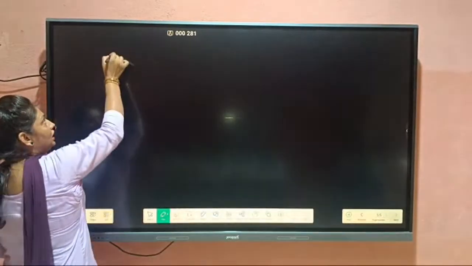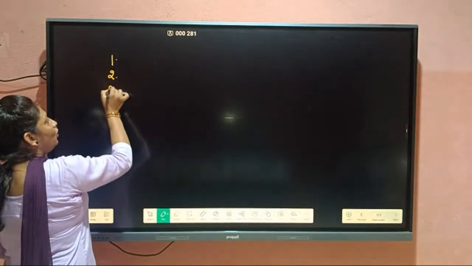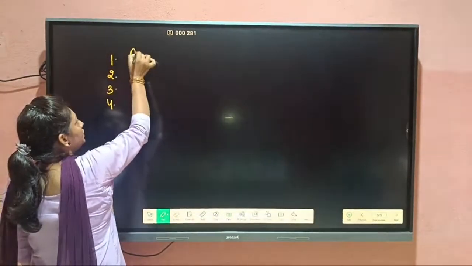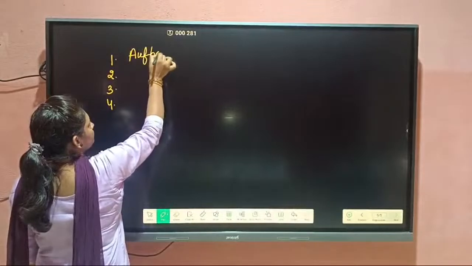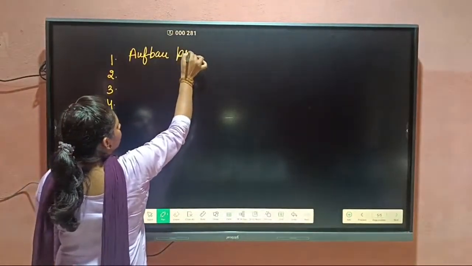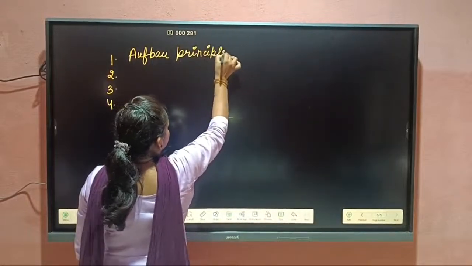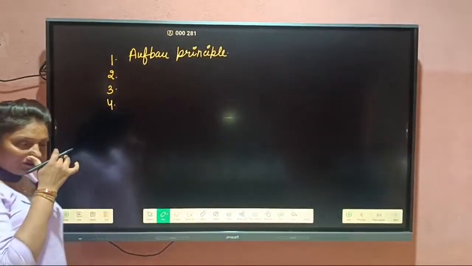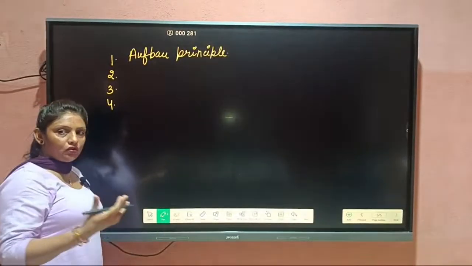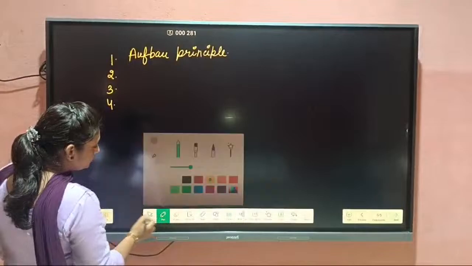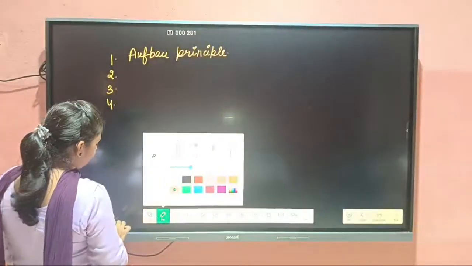First of all, there are mainly 4 rules. After knowing these rules, we will be able to write the electronic configuration of electrons. First one is the Aufbau principle.